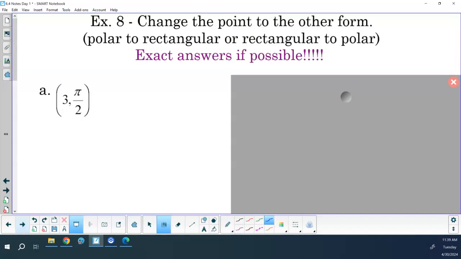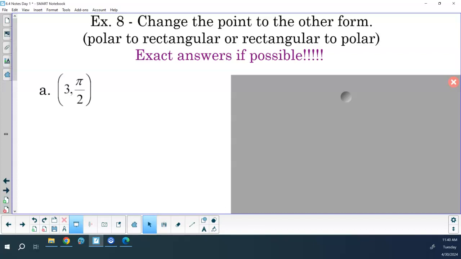So we want to change the point into the other form. Now, first off, things to look for to determine whether this is a polar point or a rectangular point. First off, a degree symbol on the second number. If you see a degree symbol there, it's polar.